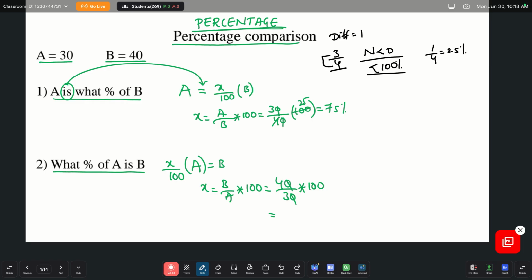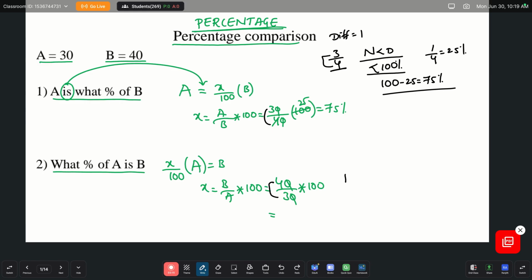Less than 100, how much percentage do we have to decrease? 25 percentage. That will be 100 minus 25, equal to 75 percentage. 3 by 4, no need to cancel and multiply by 100 again. Directly, 3 by 4 is the difference of numerator and denominator equal to 1, 1 by 4 equal to 25, 100 minus 25 equal to 75 percentage.